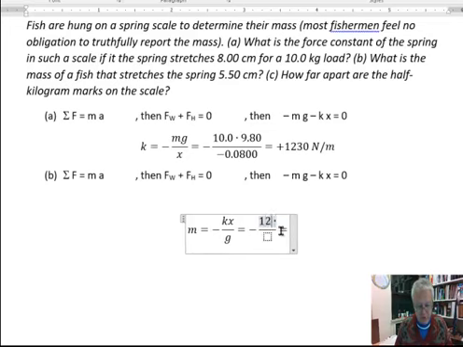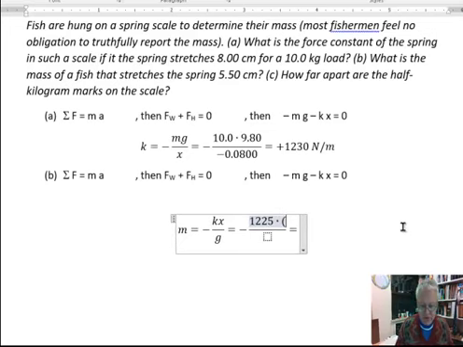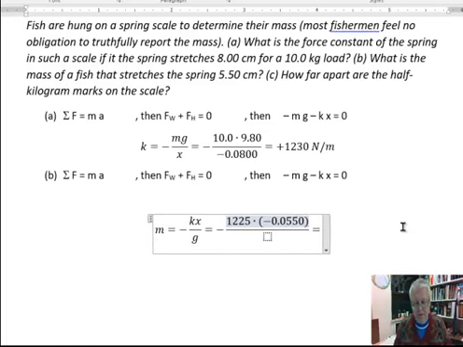Okay, I'm going to plug in the numbers. So this one is 1,230, or before I round it, it's 1,225. Multiply by, and this one is given as, and again I have to put a negative in front of that, so negative 0.0550.